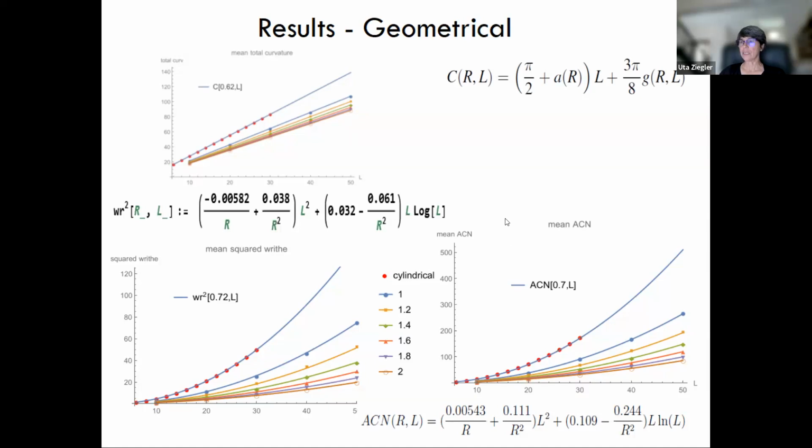And so that's what our model seems to be capturing: some behavior of the spherical model, but as if it were in a confinement sphere with a radius less than 1. So somewhere between 0.62 and 0.72.